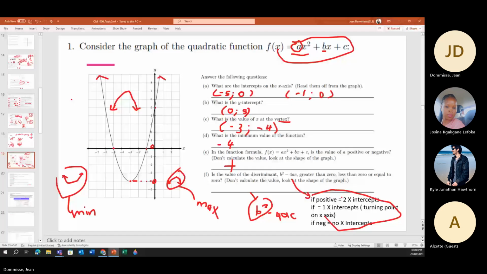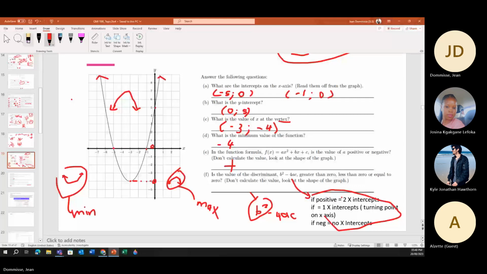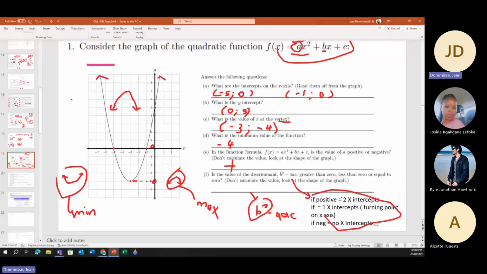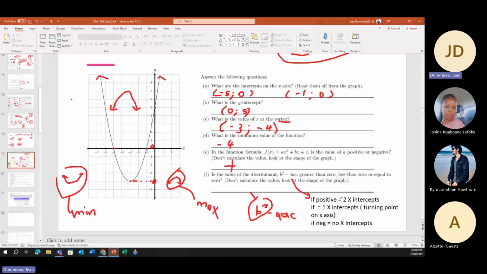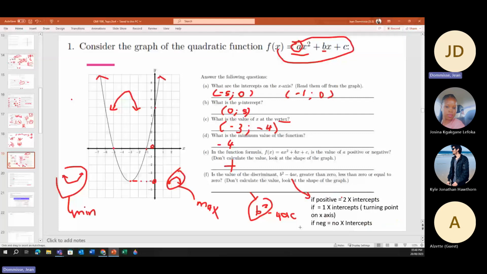Some of the others are things that you know, like the vertex, the minimum, the maximum, but this is not something that we hear every day.